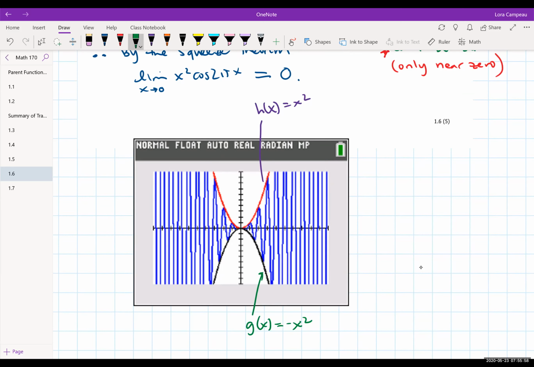And when we knew the limit of what's happening around x equals 0, in both cases, they are 0. So according to the squeeze theorem, our function itself is approaching 0 as well. So just think about that. I will see you next section.